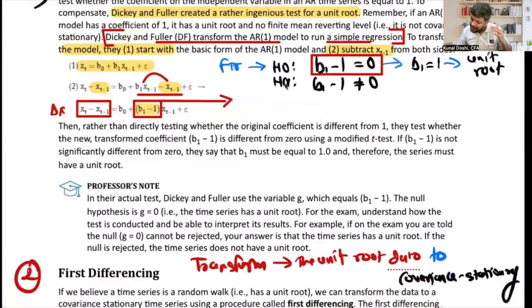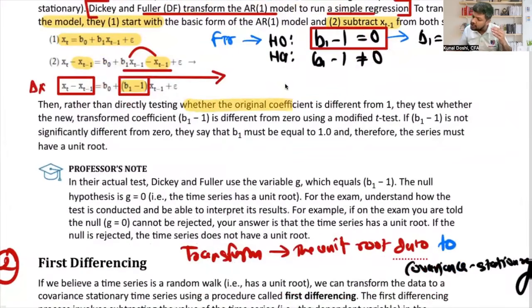Now see this. Rather than directly testing whether the original coefficient is different from 1 or not, which we cannot, the new transformed coefficient b1 minus 1, whether it is different from 0 or not, is what we will test using a modified t-test. Of course, we don't need to know what exactly that test is, but a modified t-test.